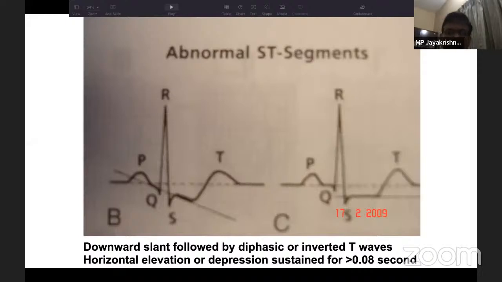So diphasic or inverted T waves may be there. But the downward slant of the ST segment is important. Or if it's a horizontal depression, like what you see in the second figure, horizontal elevation or depression, and this is sustained for more than 0.08 seconds, that means more than 2 divisions, it is considered significant.